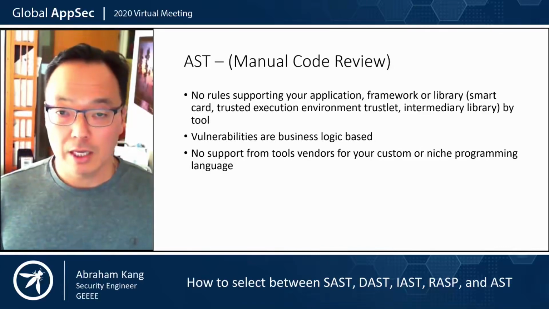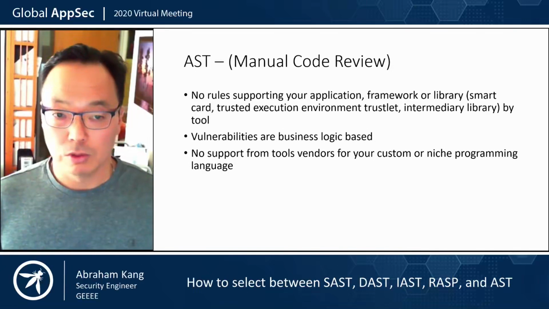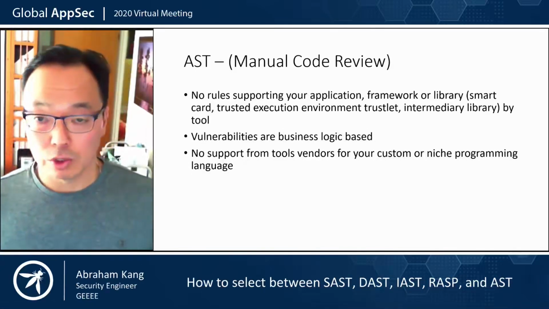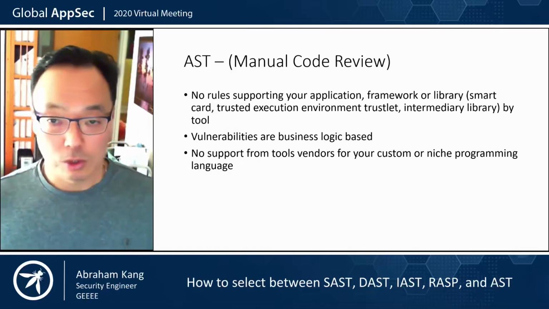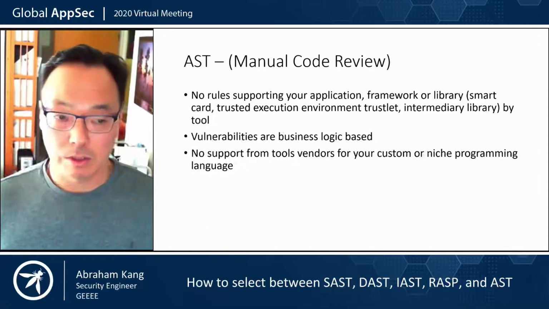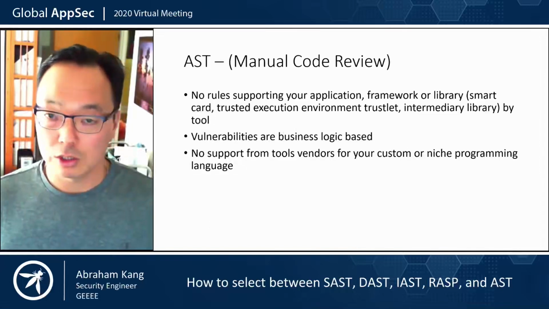So when we look at manual code reviews, you're going to do that when none of the tools support your language or your framework or library. So this would be something like smart cards or trusted execution environments.